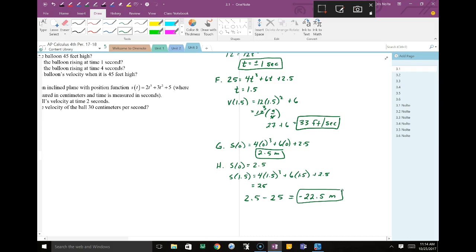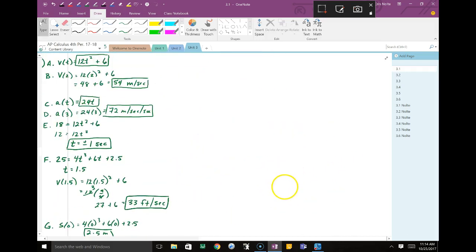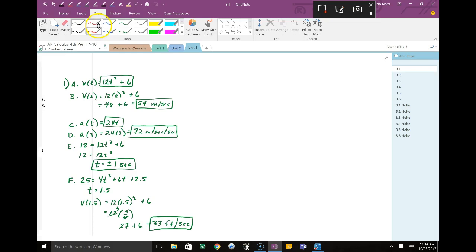Okay. Number 2, all right. Already on number 2, guys. Number 2. Okay, so a helium balloon rises so that its height position is given by S of t, where height is measured in feet and time is in seconds. Assume that t can only be greater than 0. When is the balloon height 45 feet? How do we do A? Anybody else setting it?